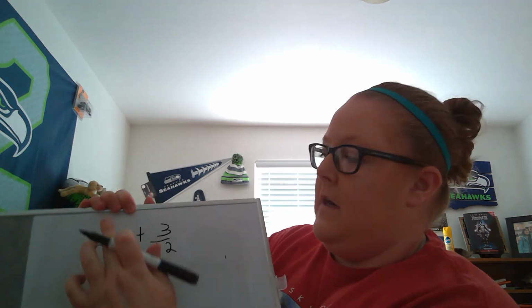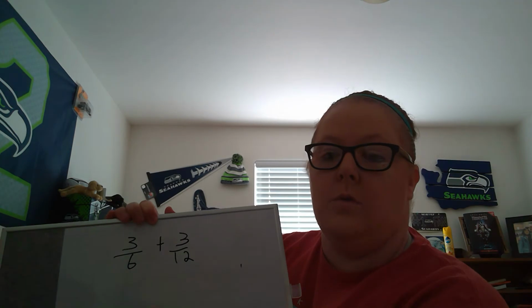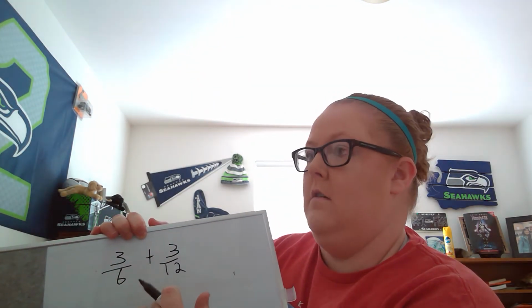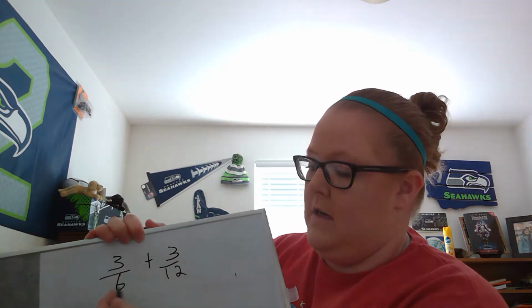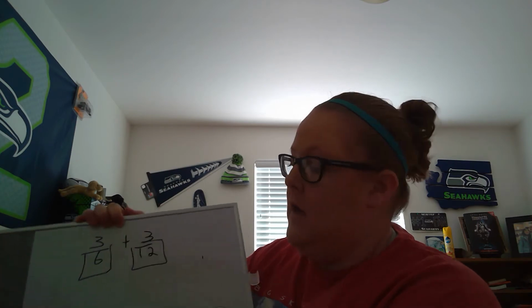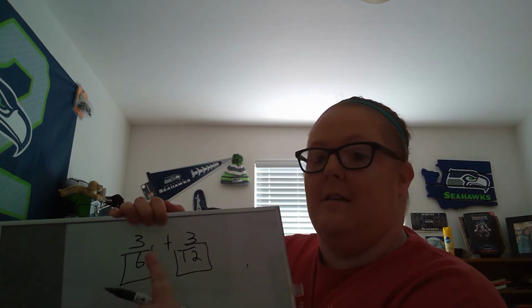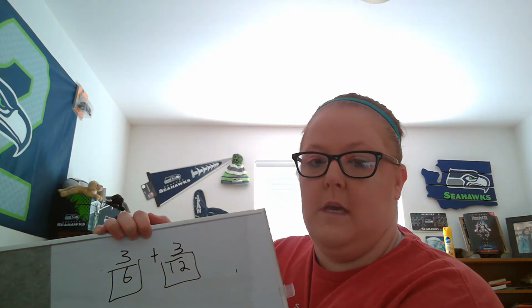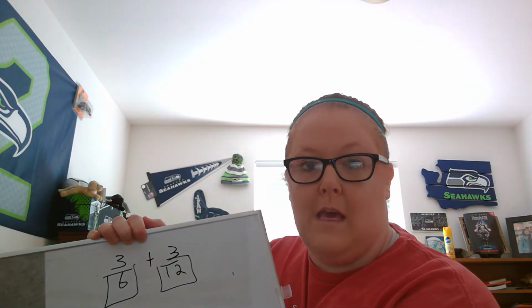We have 3 over 6 plus 3 over 12. Our first thing we need to do is find our common denominator. These bottom numbers have to be the same. My first thing is to see if my 6 can go into my 12. How many times? You have multiplication charts in front of you, so you may use those.